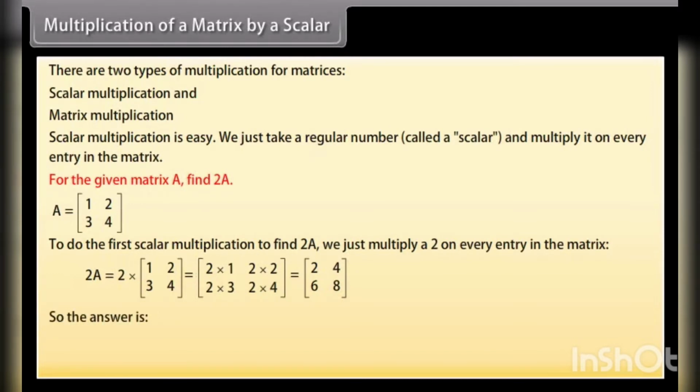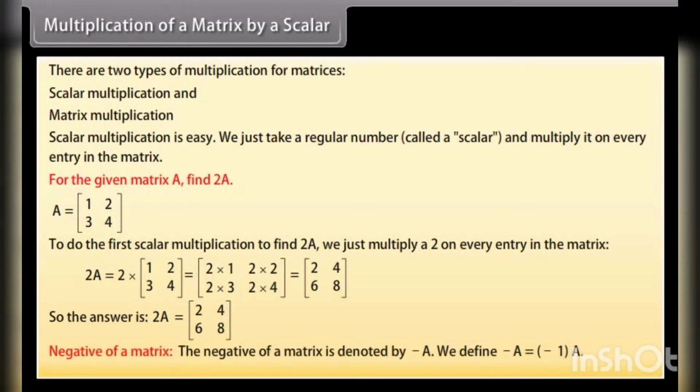So the answer is 2A equals the matrix with first row 2, 4, second row 6, 8. Negative of a matrix. The negative of a matrix is denoted by minus A. We define minus A is equal to minus 1 into A.